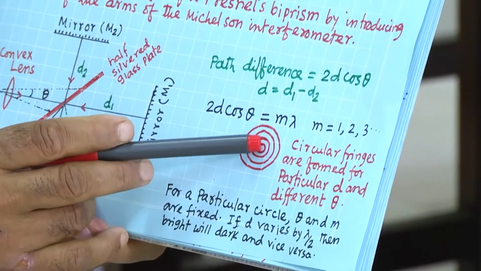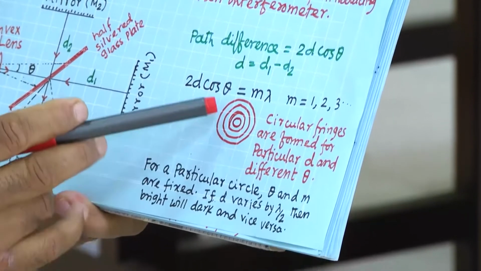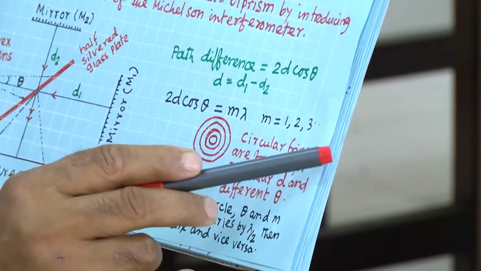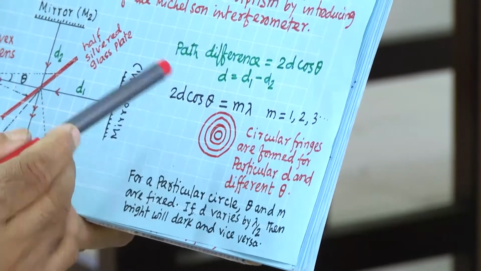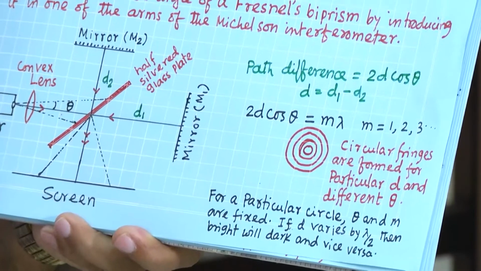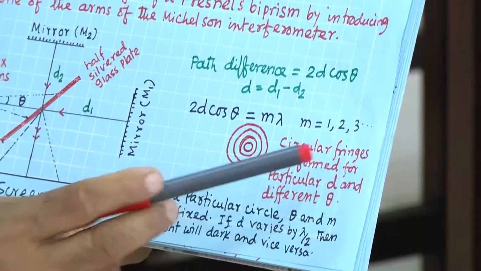So, if this order is m, the next one will be m minus 1, next m minus 2, m minus 3. So, when you are going outside from the center, you are getting fringes of lower order. Okay.